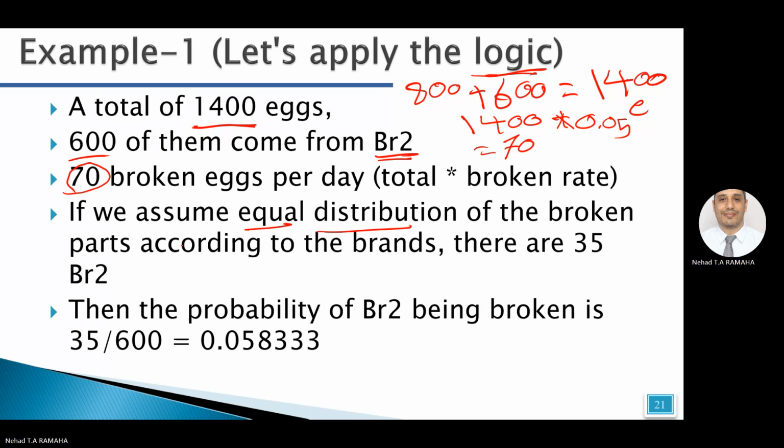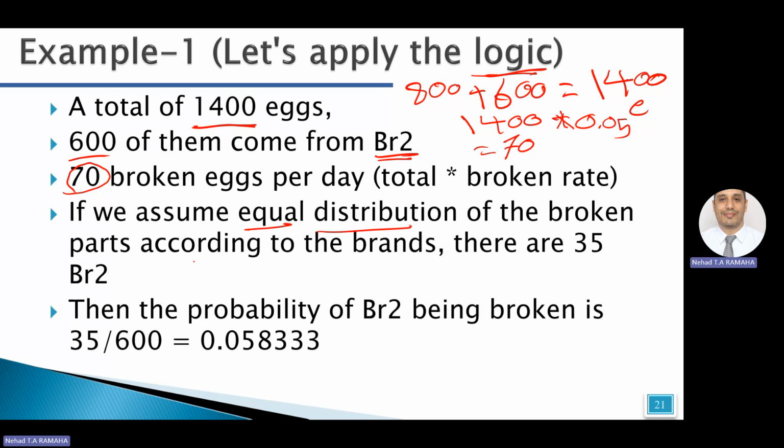We will tell you that 35 come from brand 2 and 35 come from brand 1, if we say it's equal distribution. This brand, we have 35 broken eggs. This brand, we have 35 broken eggs.